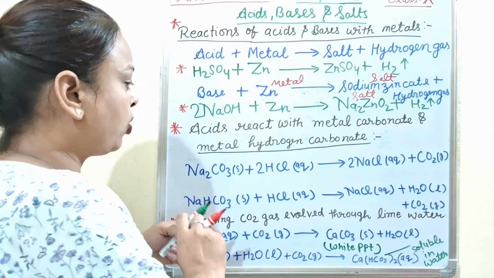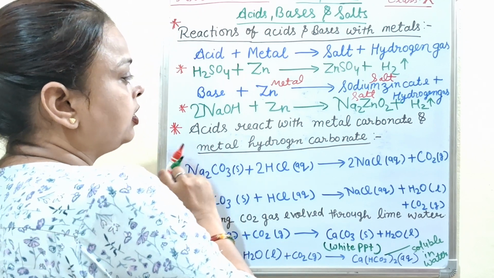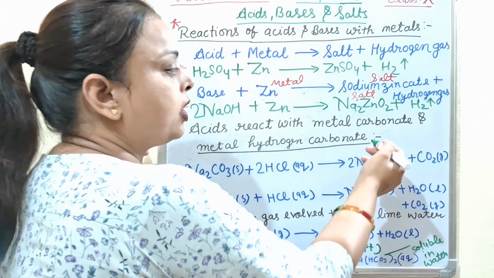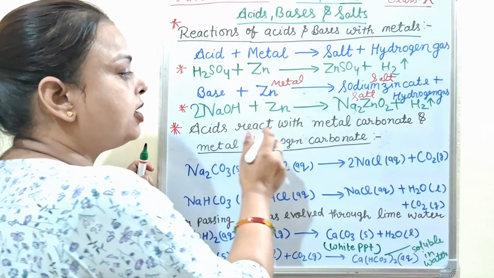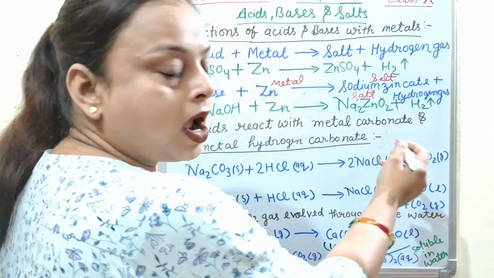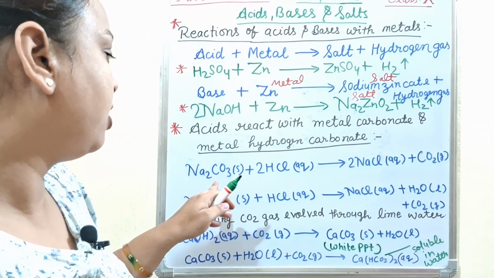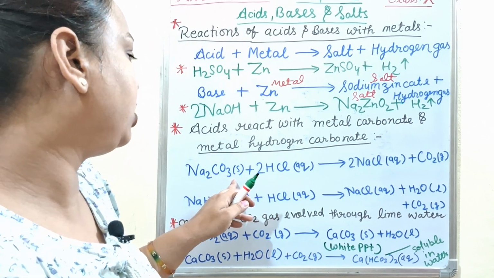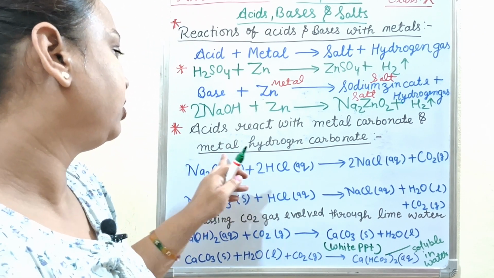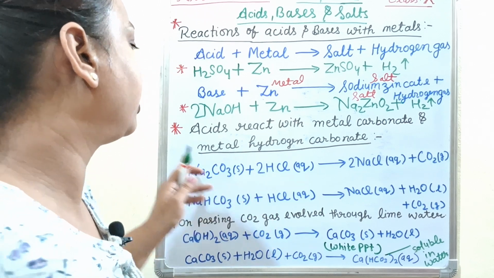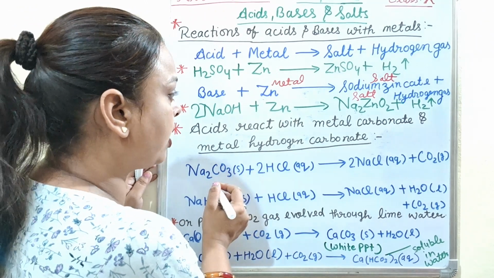Now come to the next point. Acids react with metal carbonates and metal hydrogen carbonates. When acid reacts with metal carbonate and metal hydrogen carbonate, then what happens? Here Na2CO3, what is this? This is a metal carbonate.